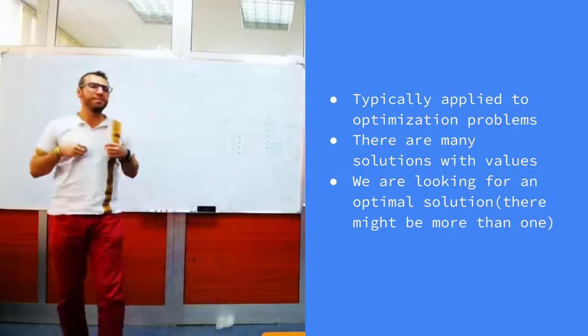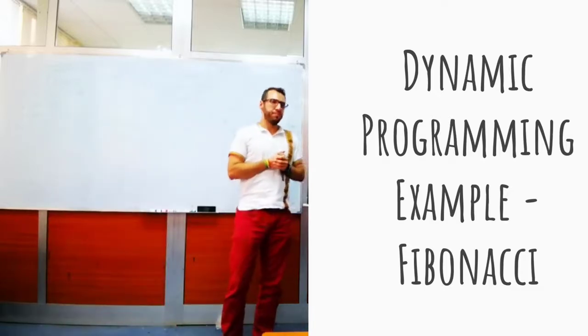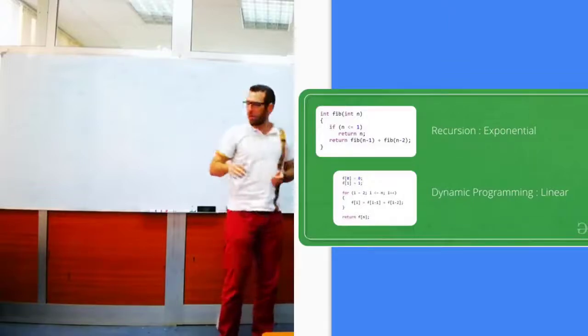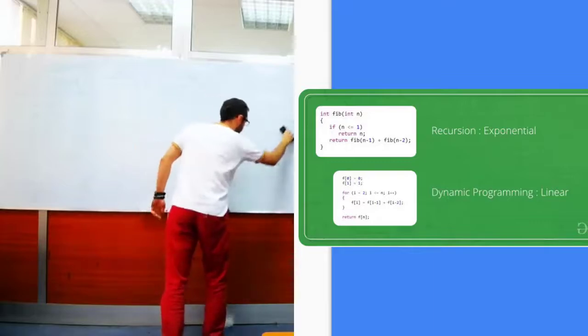Our first example is a very simple one. Let's think about Fibonacci. Is the code readable or should we put it on the whiteboard? Maybe it will be better to put it on the whiteboard.